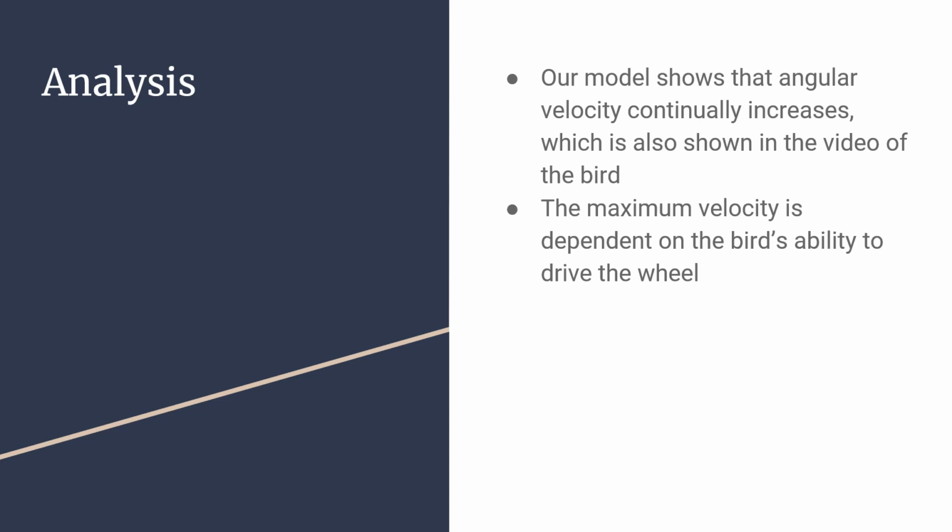And so this follows for our mechanism that either the bird's ability to move itself depending on where it is, or our piston's ability to move depending on where they are on the wheel, are what would limit how fast the wheel can go. So ideally, they would be able to just continually speed up indefinitely.